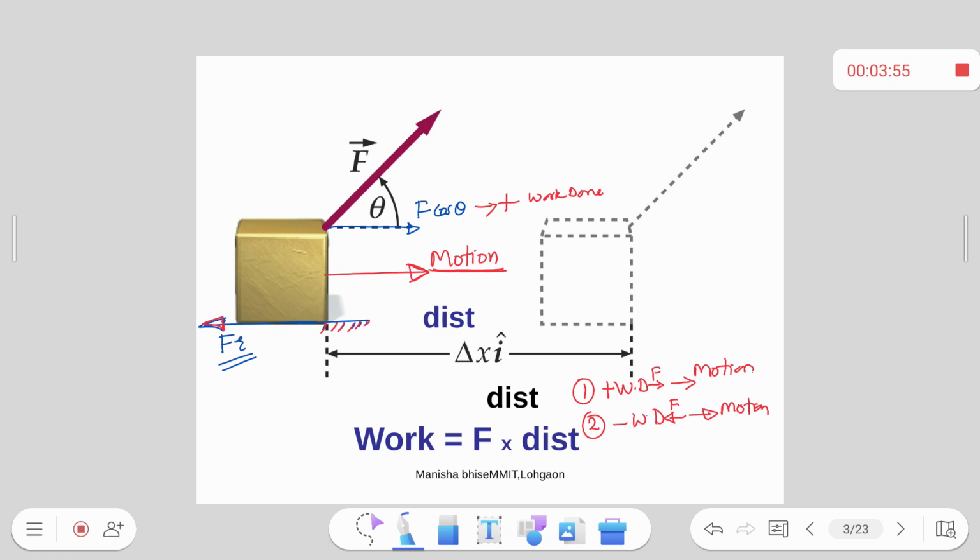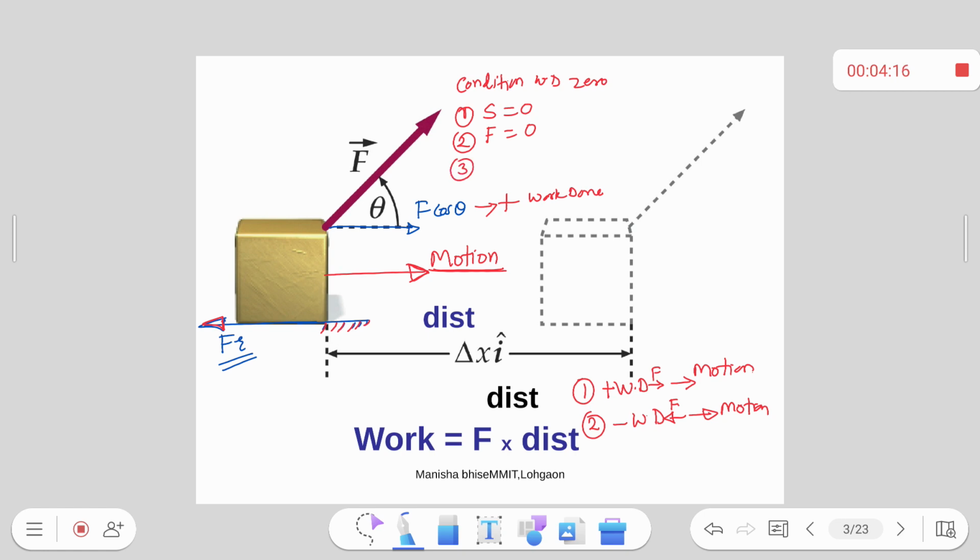Then what are the conditions where work done will be zero? First, if displacement is not there, work done is zero. If force is not there, work done is zero.